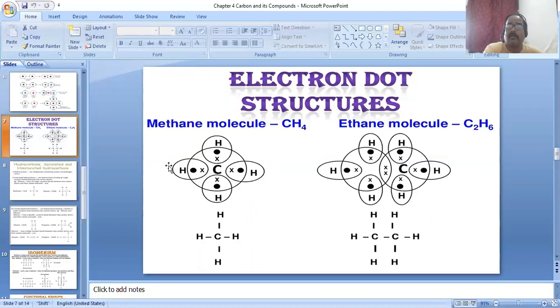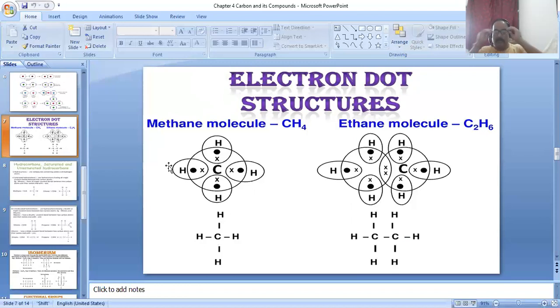According to the electronic configuration, or according to the octet rule, if any atom has 8 electrons in the outermost shell, it is stable or satisfied. So in here, hydrogen forms only one orbit, because it has only a single electron. If it donates or receives this single electron, if it donates it has no electron, and if it receives it has 2 electrons.